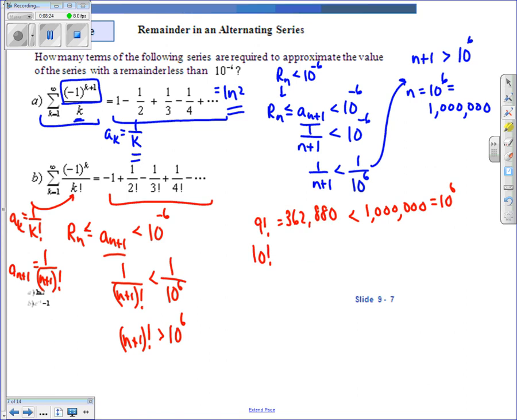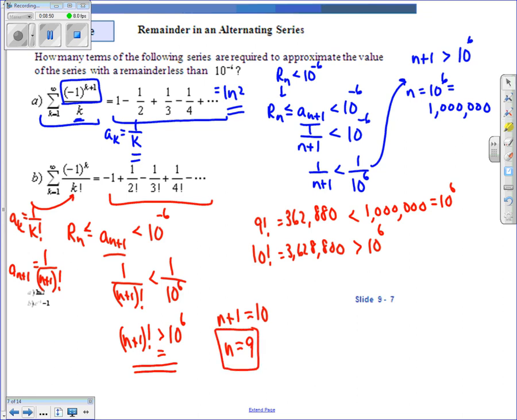But 10 factorial, we're just going to multiply by 10 now, is 3,628,800, which is now greater than 10 to the 6th. So if we want this inequality to be true, n plus 1 must be 10, which means that n has to be 9.